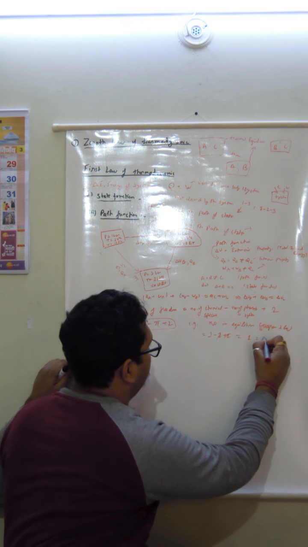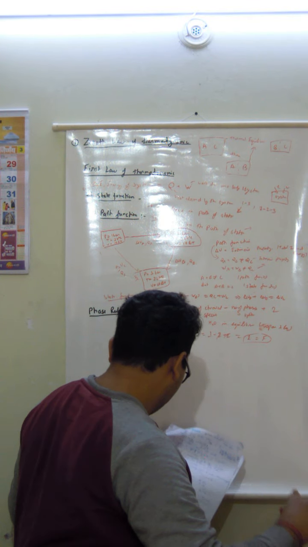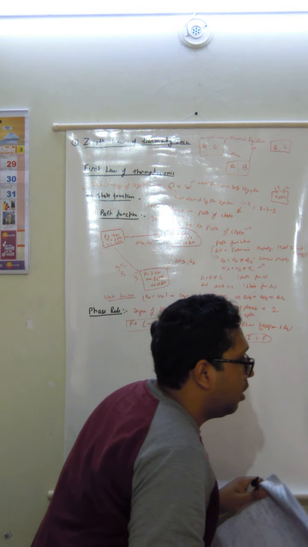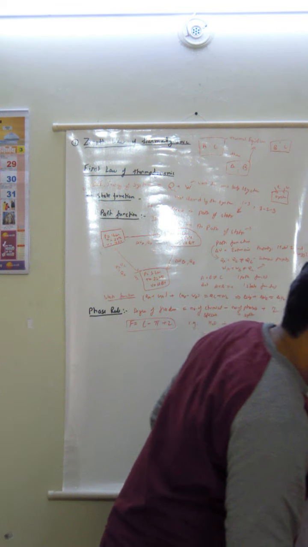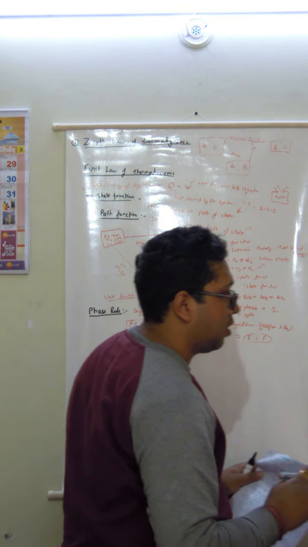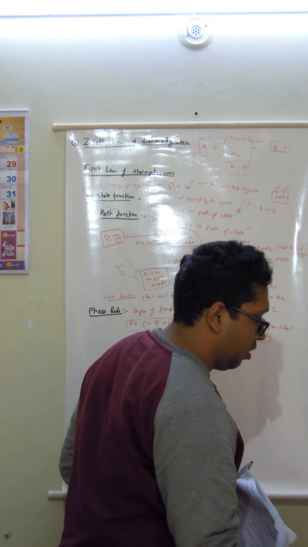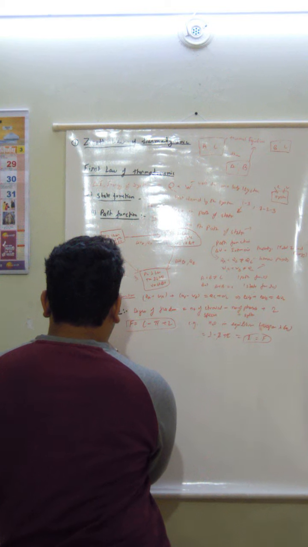The degree of freedom of water in equilibrium is 1. Let me explain further.